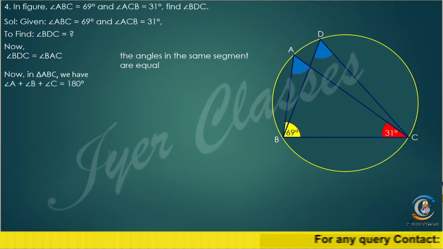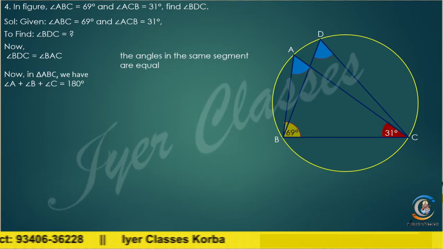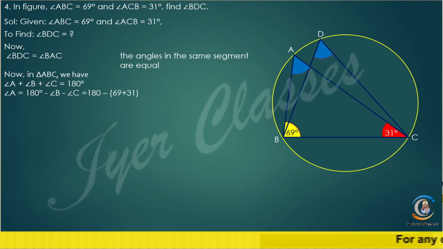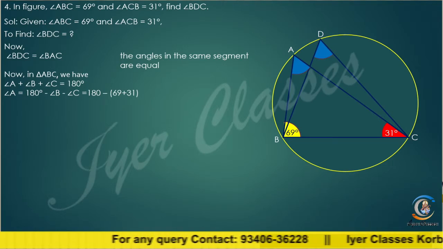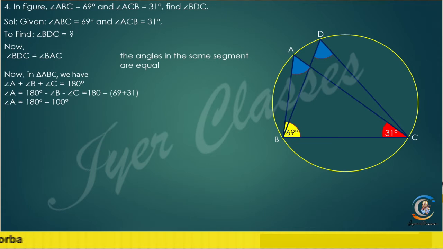If you apply the angle sum property, we know angle A plus angle B plus angle C is equal to 180 degrees, right? Now, if I put the values of angle B and angle C, which are 69 degrees and 31 degrees respectively, I get the measure of angle A as 80 degrees after calculations.